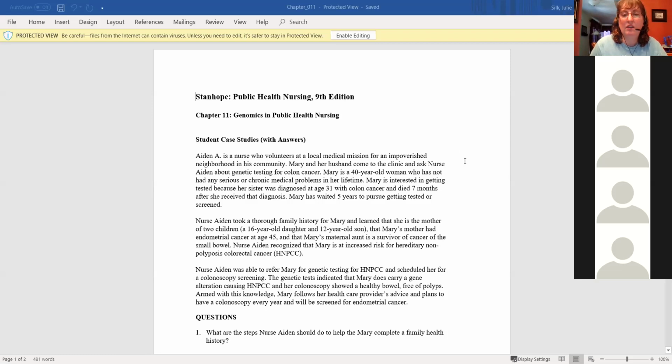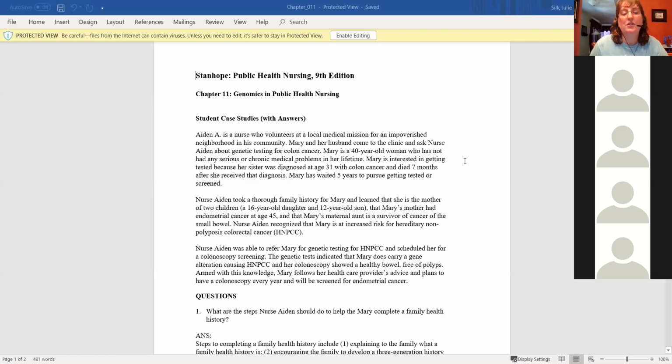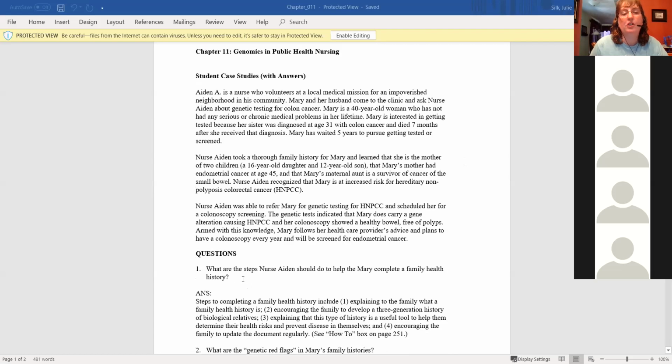All right, so this is saying here, when you do a family health history, you should explain to the family what it is and encourage the family to develop a 3-generation history of biologic relatives. So, meaning people that you're related to, not like from marriage or anything.